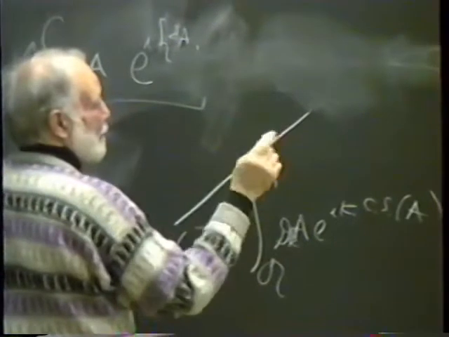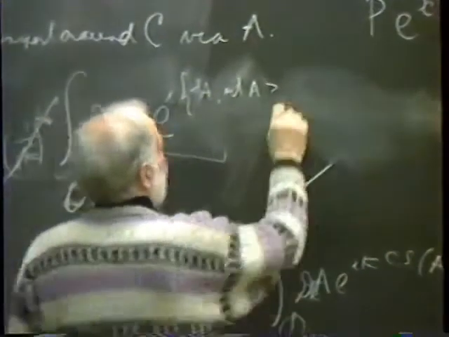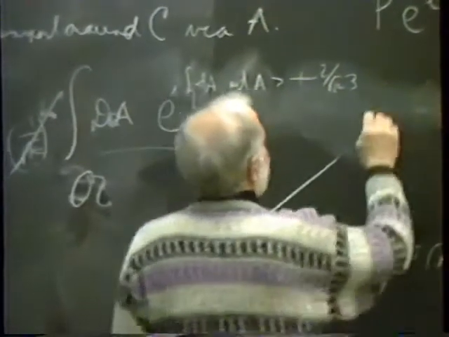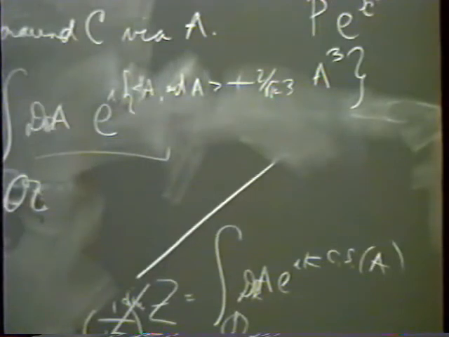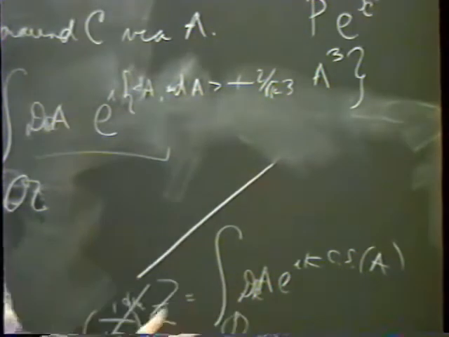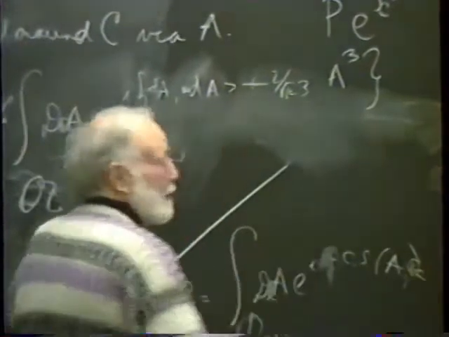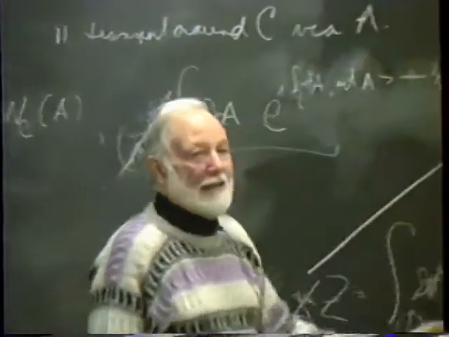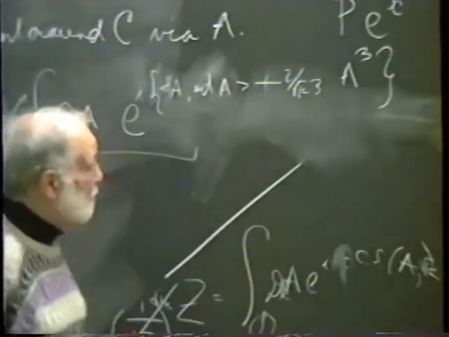A wedge dA inner product is the same as A star of dA plus a cubic term, which is 2 over the square root of 3 times k, and here I have an A cubed term. And of course down here I have the same thing. I'll just call this the denominator. What starts the perturbative theory is you're going to really treat all this formally and see what happens in the expansion in terms of 1 over the square root of k.